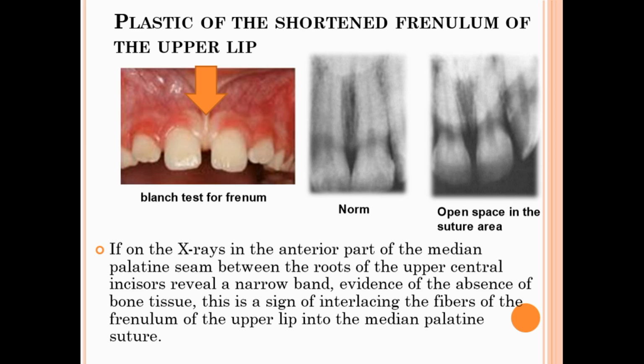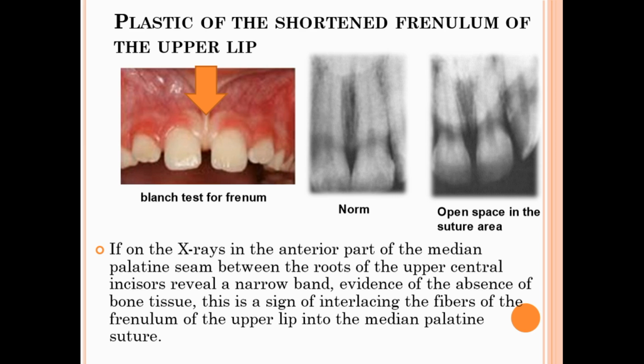If on the X-rays in the anterior part of the median palatal seam between the roots of the upper central incisors a narrow bend is revealed, evidence of the absence of bone tissue, this is a sign of interlocking of the fibers of the frenulum of the upper lip into the median palatal suture that determines the diastema.